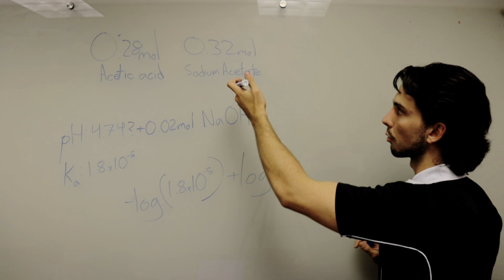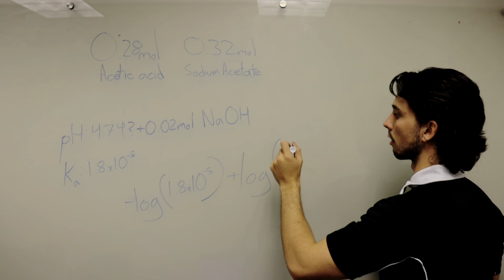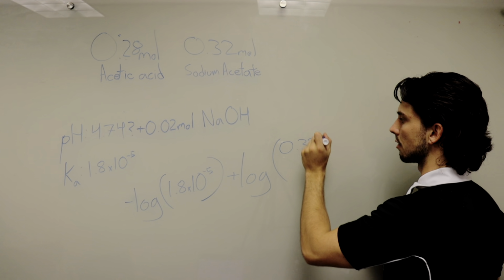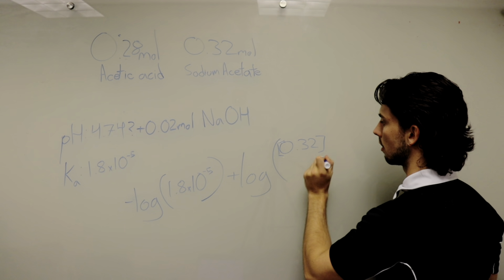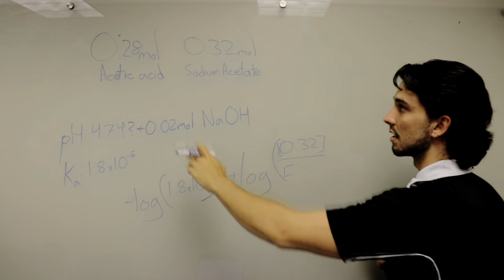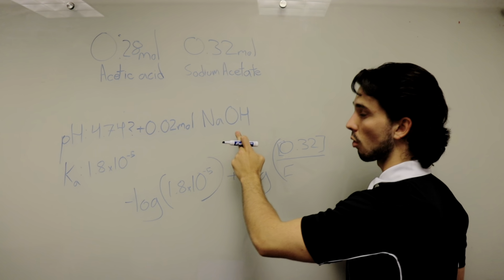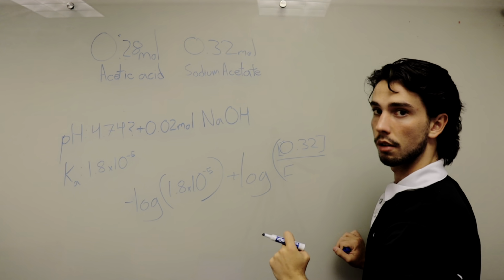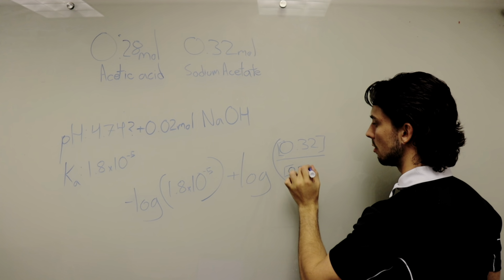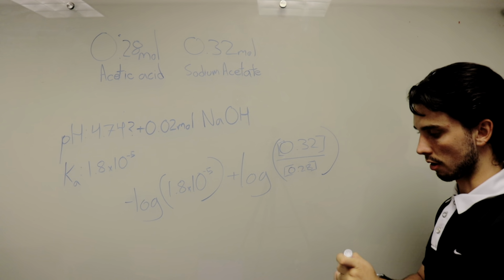It was 0.32 moles in 1 liter, which gives a concentration of 0.32. So 0.32 is our concentration for the base, and we put it over the concentration for the acid. Since we started at 0.3, and we use the trick that since we're working with a base, we subtract it from our acid, we'll get 0.28 as our new concentration for our acid.